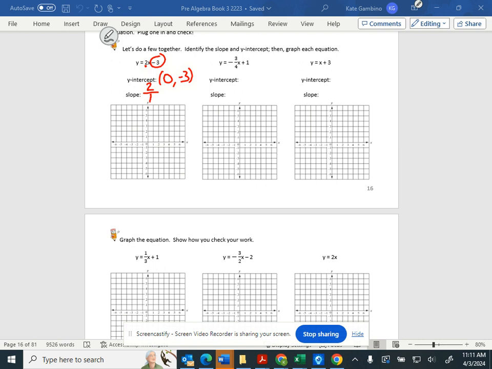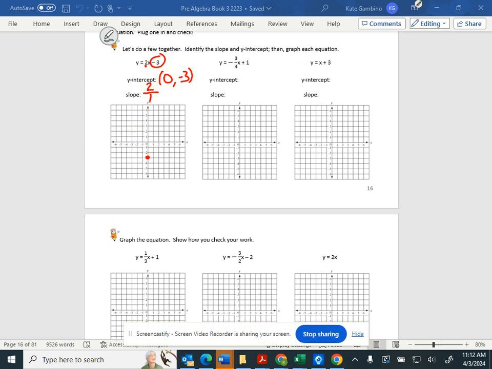So now I have to graph it. First thing I'm going to do is begin with the b, the y-intercept. So 0, -3. Now I'm going to do my slope. How do I use my slope to find my next ordered pair, Peyton? Owen?